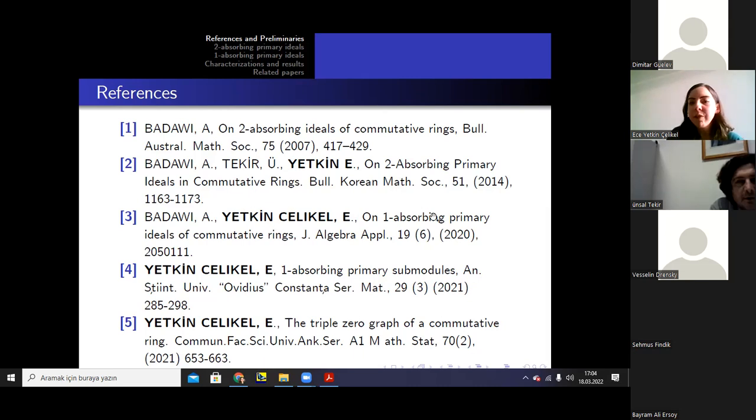Then one-absorbing primary ideals were studied, which are a subclass of the previous one. This is in the commutative ring, and if you extend this idea to submodules, then you get the other definition. And lastly, I will show you some applications of these ideas to graph theory.